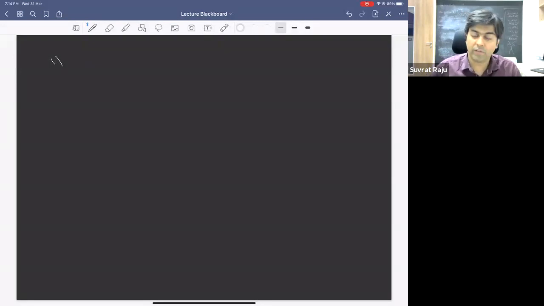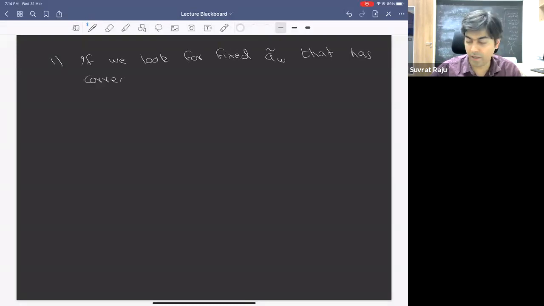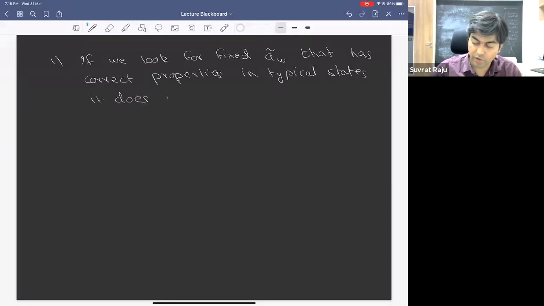But what this paradox suggests is that if we look for a fixed A omega, as I said, that has the correct properties in typical states, it does not exist. So this is what the paradox is suggesting.